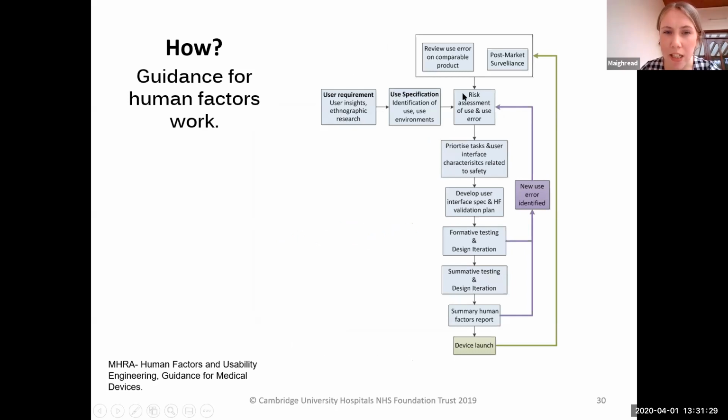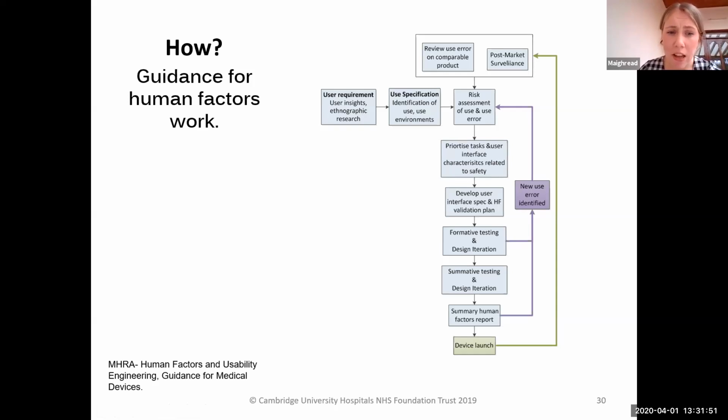Each box refers to either a document or an activity that you would have to do in human factors. You start by stating who your user is. And that's very simple things. What age are the users? What's the demographic? Are they going to have any visual issues?